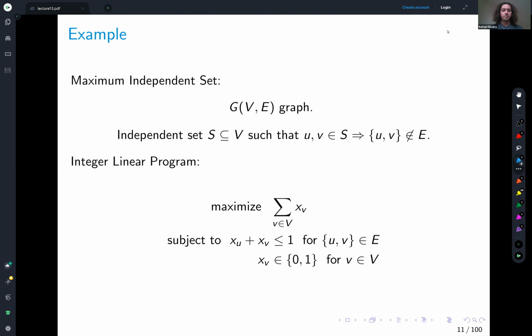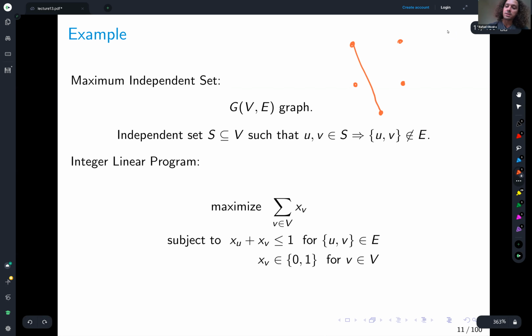So here's an example of an integer linear program. Let's see an example of a very important problem which can be captured by an integer linear program. This is the maximum independent set problem. So what is the problem? We have that G is a graph on vertex set V and edge set E, and an independent set is a set such that any two elements in this independent set do not have an edge. So let's draw an example here of an independent set.